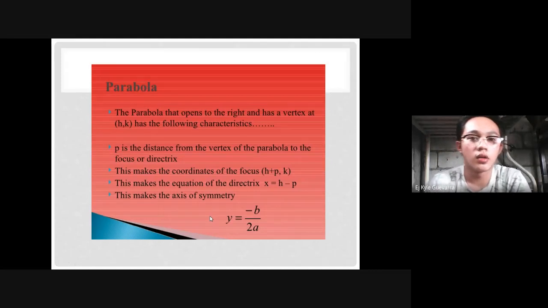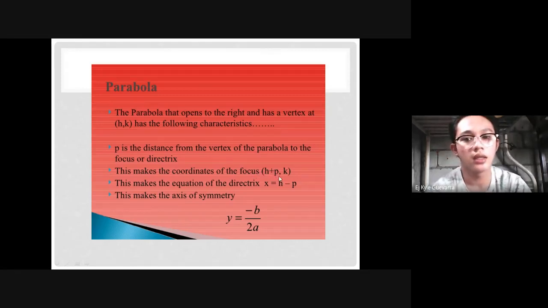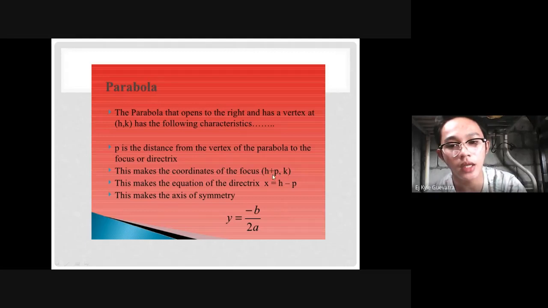Yung characteristic naman ng parabola kapag to the right at ang vertex is h and k is, ayan, the focus is h plus p and k. Meaning the value of h is i-add nyo sa value ng p para makuha nyo yung coordinates and k. The equation of directrix is x is equal to h minus p.